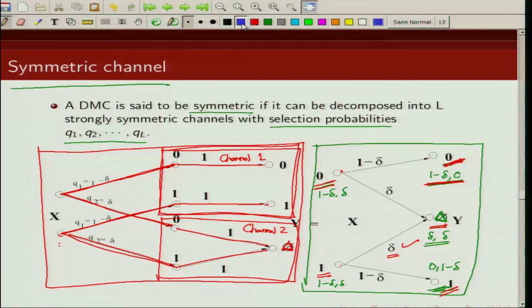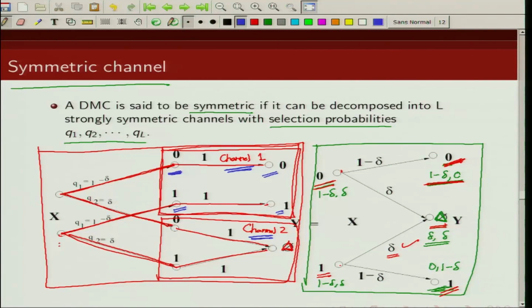Another point to be noted: channel 1 and channel 2 are strongly symmetric channels. You can verify this. Channel 1 is uniformly dispersive because the probabilities in descending order are 1 and 0, whether I consider this input or this input. It is also uniformly focusing: if I consider output 0 or 1, the probabilities arranged in decreasing order are again 1 and 0. So channel 1 is strongly symmetric.